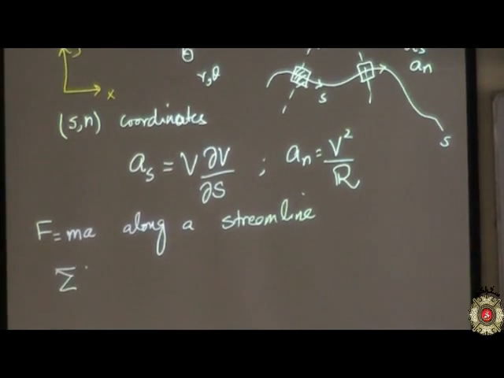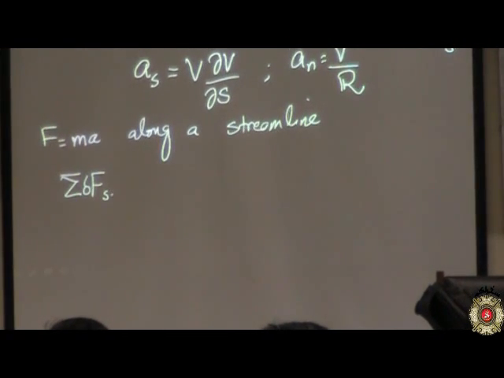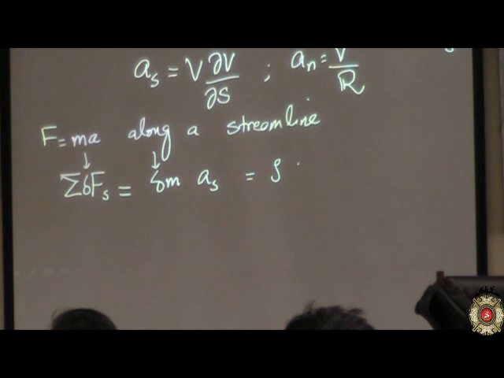So sigma of delta F along the streamline, this S subscript is streamline, is a small variation in M and S, because delta is here as well, that's why I'm putting delta. What is mass in terms of density and volume? Rho is the density. We have delta V, because of this delta, we have a delta here, and then we have acceleration as this.